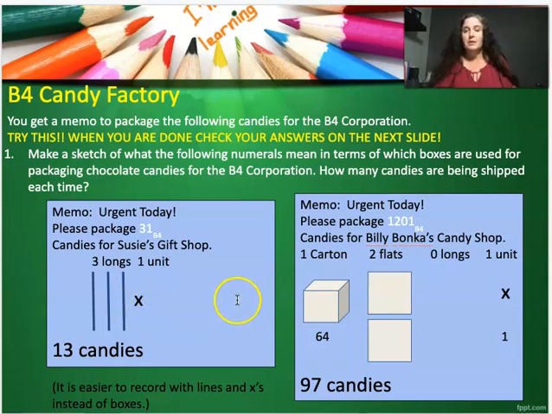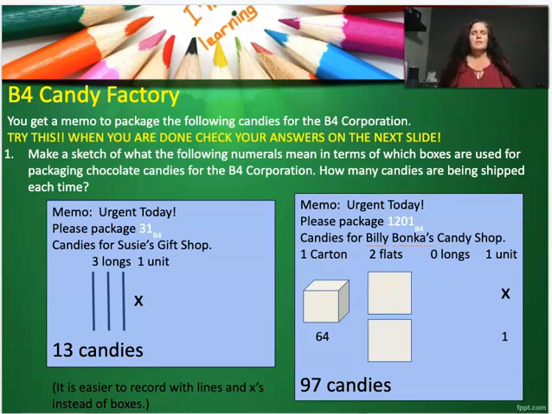For Billy Bonka's, we did 1 carton, 2 flats, no longs, and 1 unit. So that's 64 candies in a carton, 16 in each of these, so 16 and 16 would be 32. So 64 plus 32 would be 96, plus 1 more is 97.